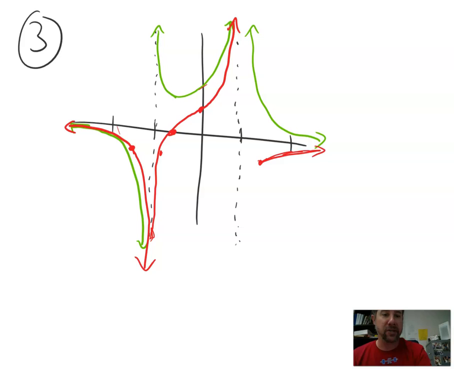And as I go this direction, they'll become bigger in the negative direction. So the derivative of this function would kind of look like that. Okay? So we want to look at these tangent slopes, the slopes of the function, to help us sketch the derivative. Because again, the derivative is just a slope function. The derivative is the slope of the graph.